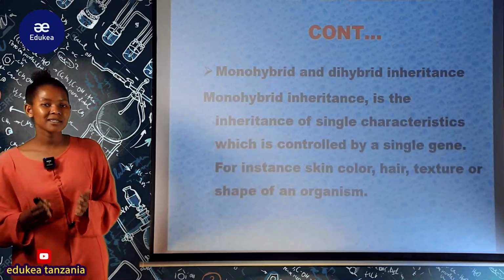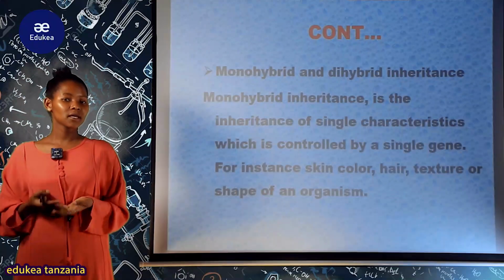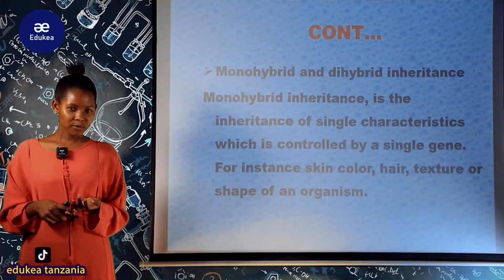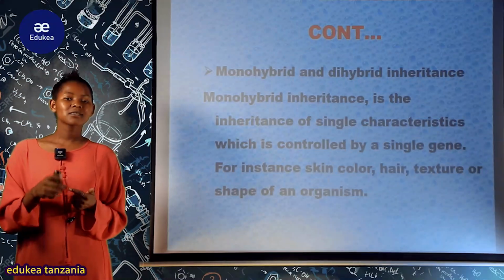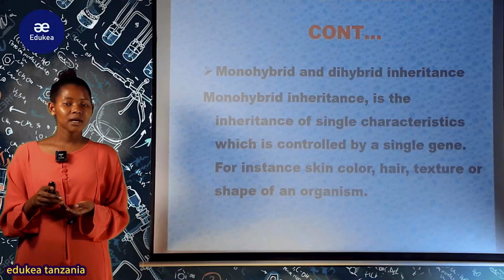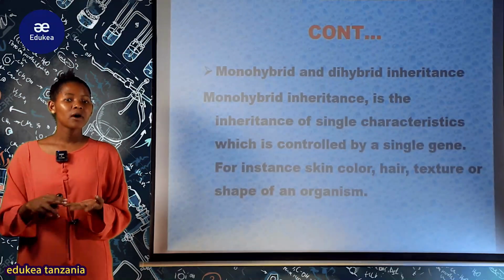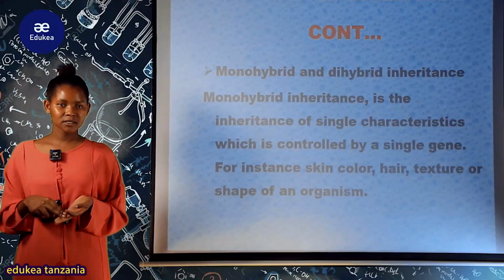Kuna characters zingine zinakuwa controlled au urithi mwingine unakuwa controlled na more than one gene. A good example tunachukulia mfano unakuta seed ina rangi at the same time shape yake labda ni wrinkled ama ni round, hizo ni trait ama ni gene mbili tofauti. Na hiyo ikitokea inheritance ya namna hiyo tunaita dihybrid inheritance.